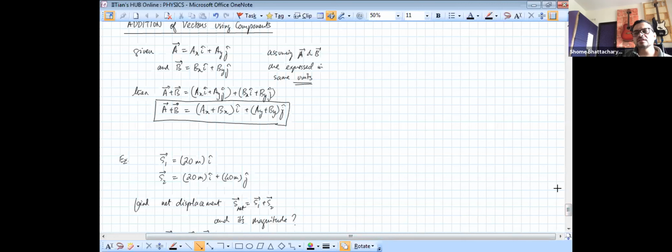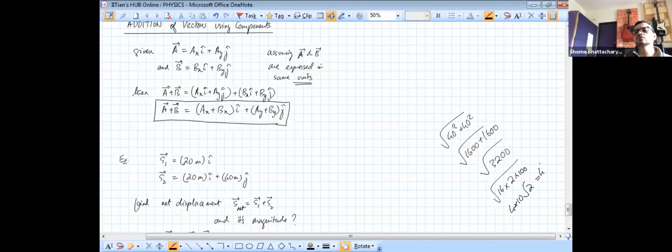Yeah, so 3200, that's the same thing as 40 root 2. No, beta. Square root of 40 square plus 40 square, if you expand it that way, that's square root of 1600 plus 1600. So that is square root of 3200. So that is square root of 16 into 2 into 100. So you can take 4 outside, 10 outside, and you're left with root 2.